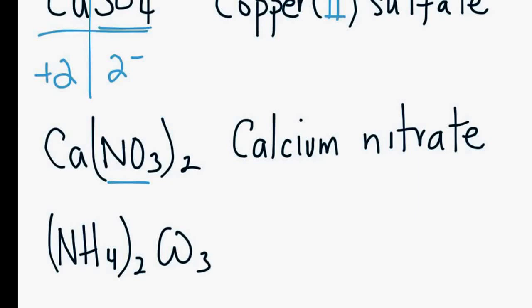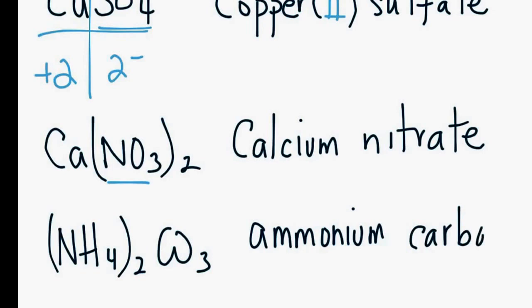All right, NH4 is ammonium, and CO3 is carbonate, so it's ammonium carbonate. It's pretty straightforward, just like naming the binary, except you do have to pay attention sometimes if you've got a multivalent metal.